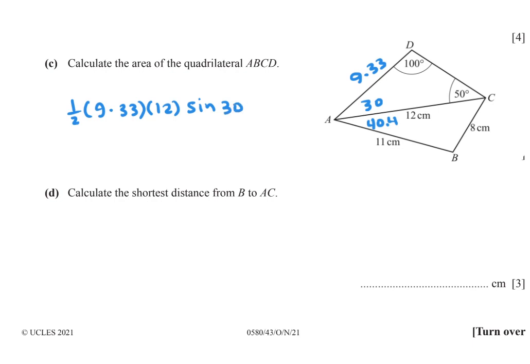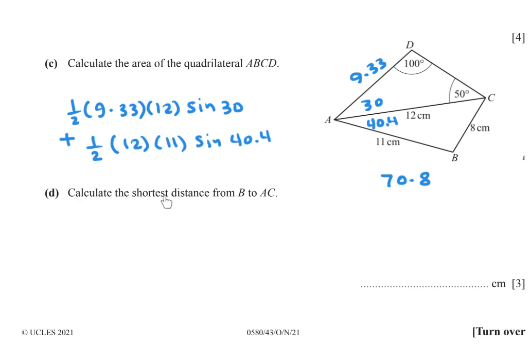For this triangle, we have two sides and the included angle, so the area is half times 12 times 11 sine 40.4. Now add them, so the area equals 70.8 to 3 significant figures.